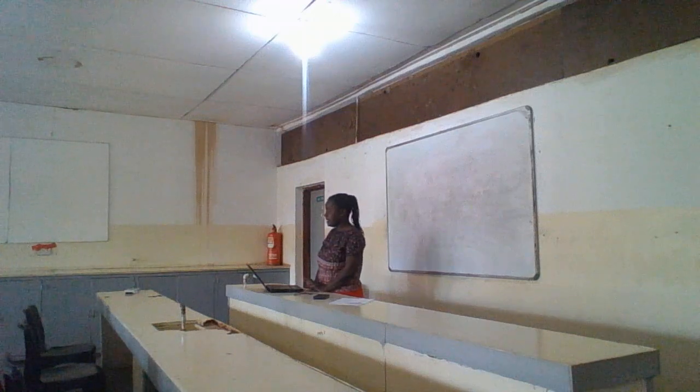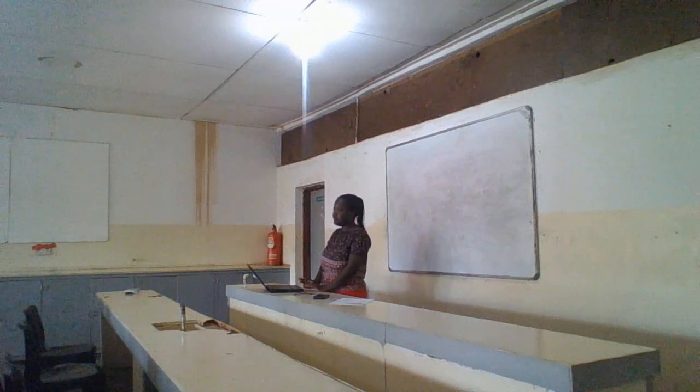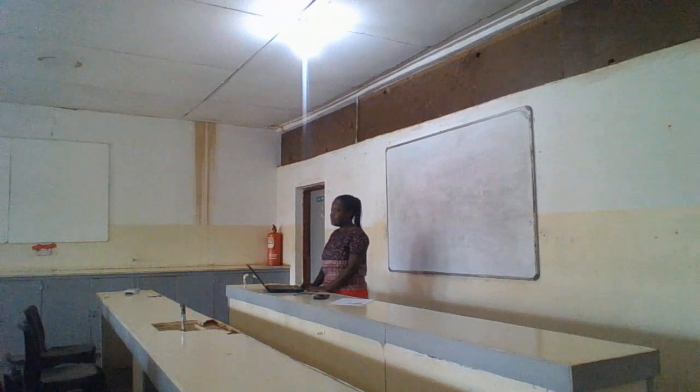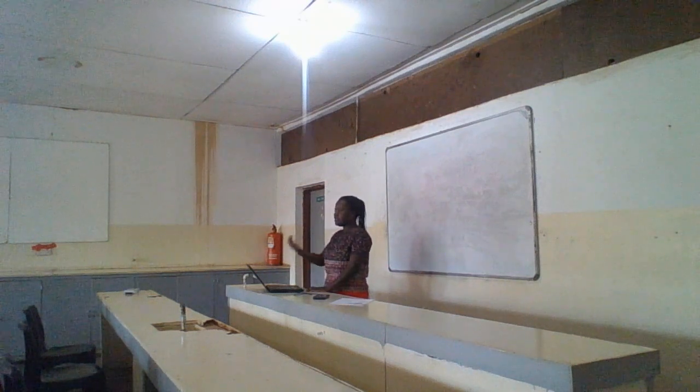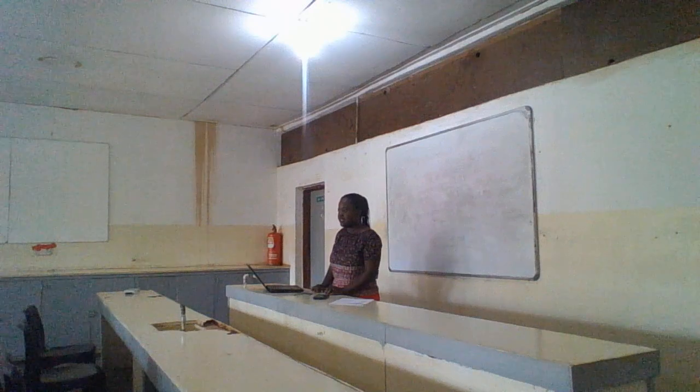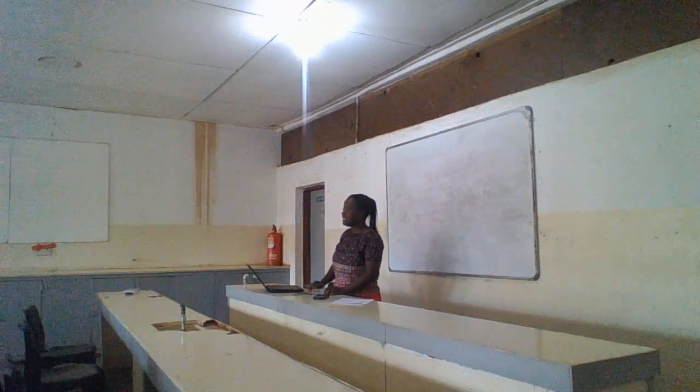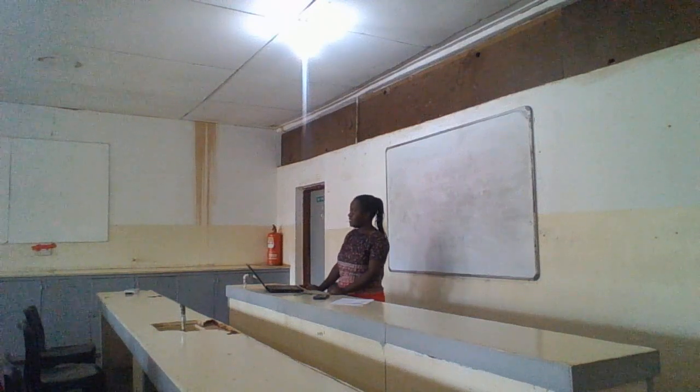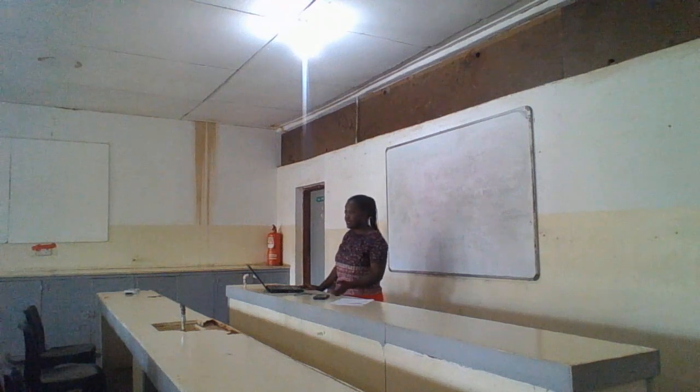Today's class, we are looking at the factors that compound vulnerability, or we can say the factors that increase vulnerability. What is vulnerability? We're looking at terminologies that are used in disaster management. We discussed what vulnerability is.